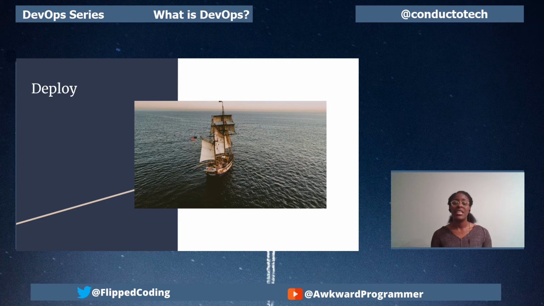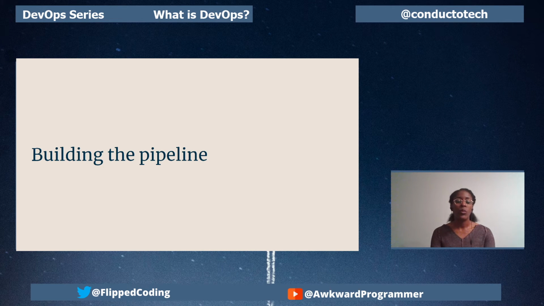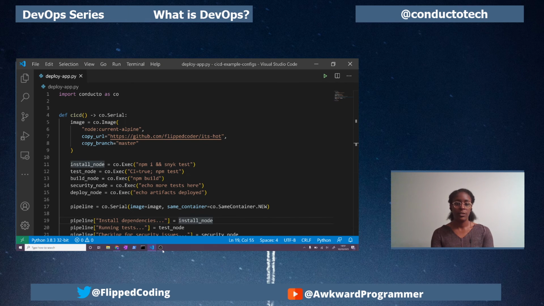DevOps lets anyone take the code changes and deploy them whenever they need to go out. And so the way that we do that is by building a pipeline like this. Basically, what we do, at least with Conducto, is we go ahead and we make an image.